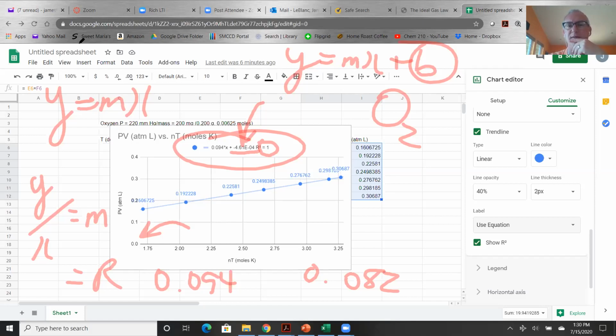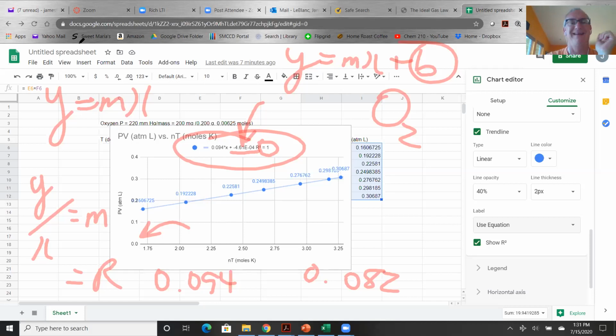And so oxygen may be a little different than the rest, but we'll see. Maybe when you do it, or we can do it again, maybe with different amounts, and see if we get a different answer. Should we maybe do that? Just to check on our work. That sound like a good idea?